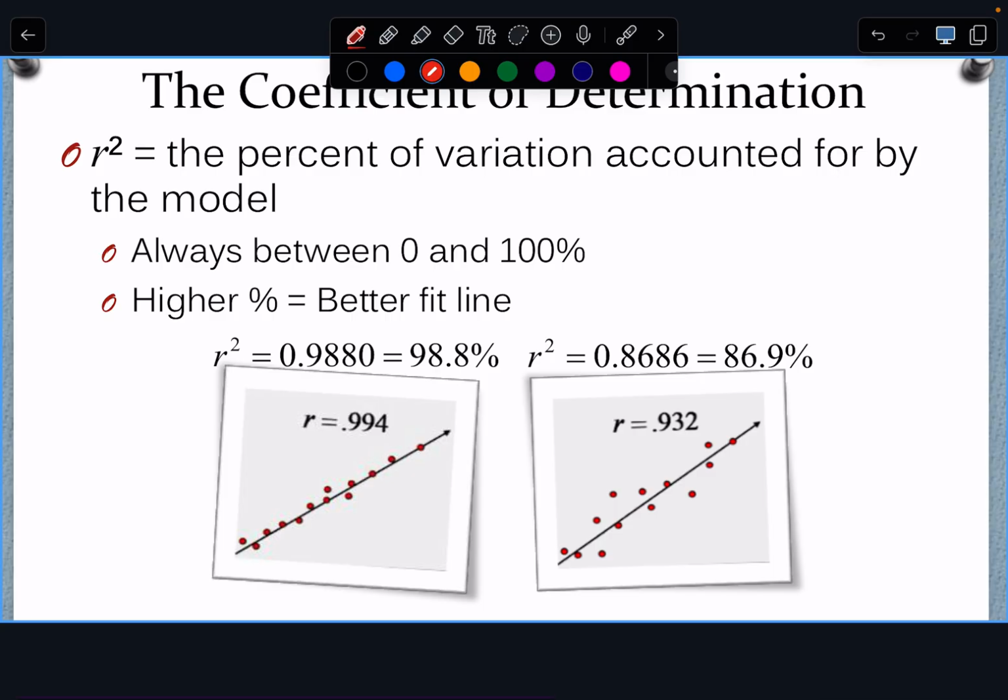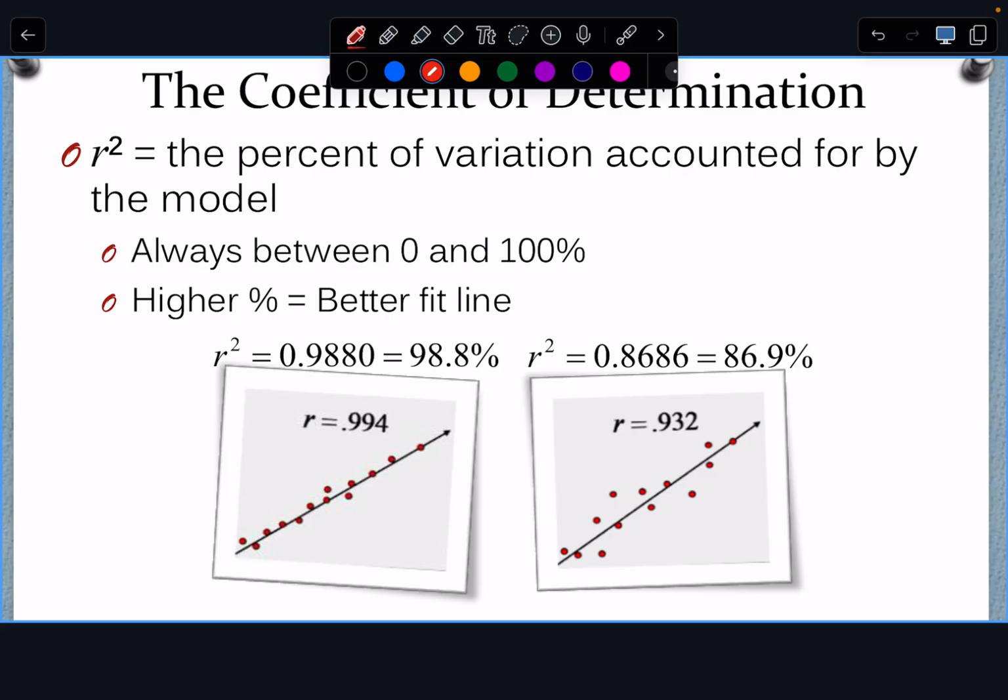What the coefficient of determination tells us, what this correlation squared value is, is the percent of variation in y that's accounted for by the model. So there's variability happening for each x value from y value to y value. The line is trying to capture the majority of that variation.